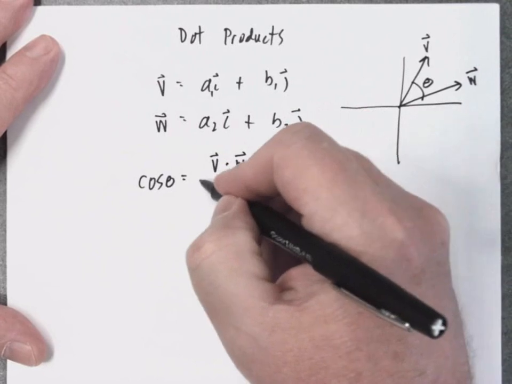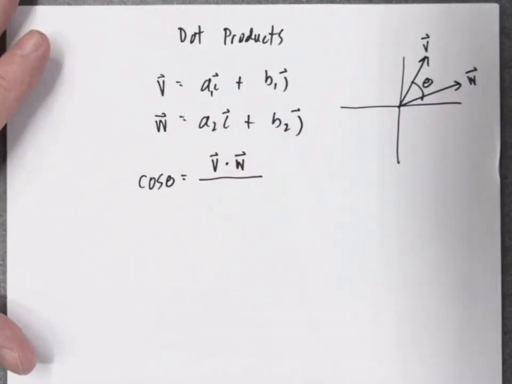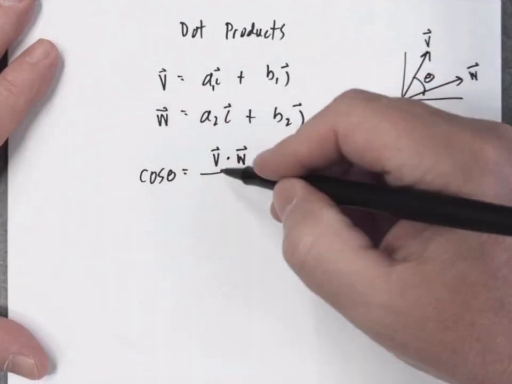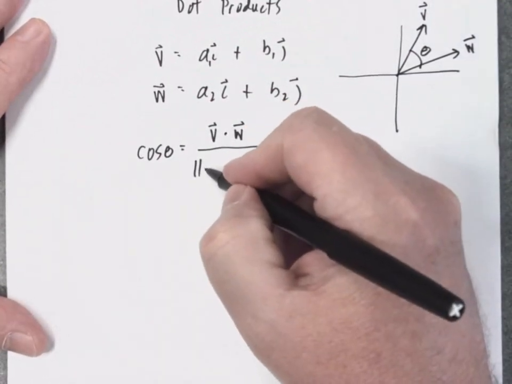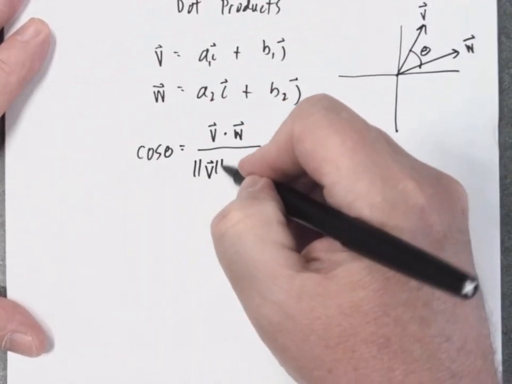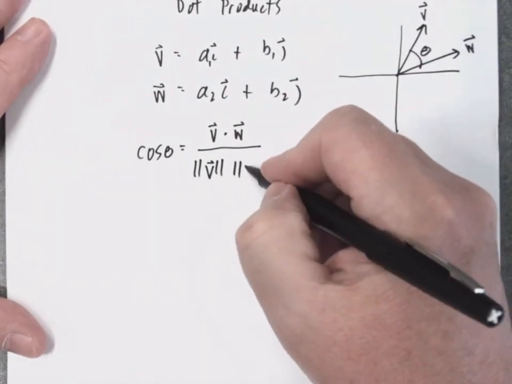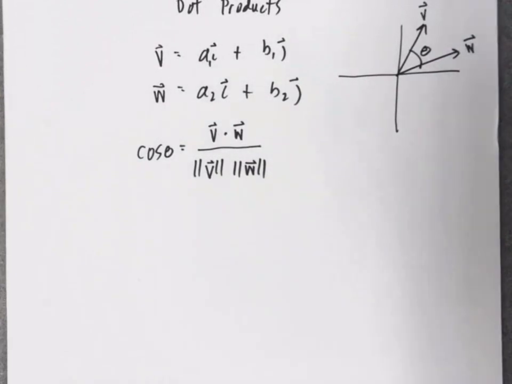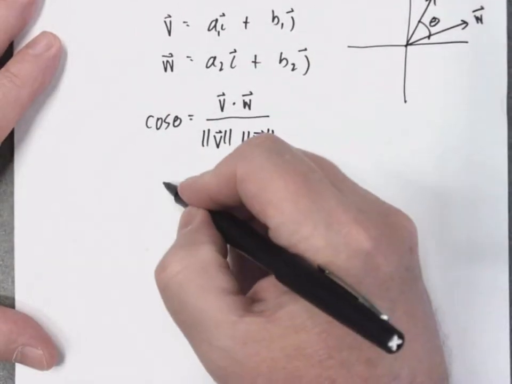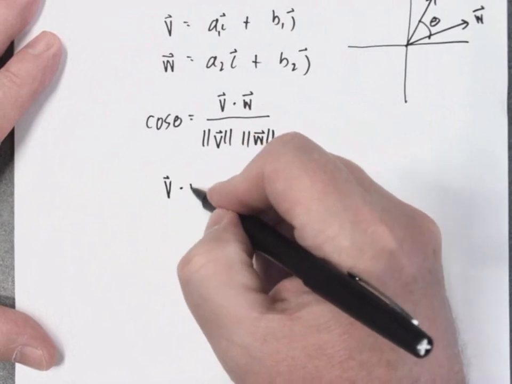So this numerator, even though it looks like multiplication, because these are two vectors, is called the dot product. And then in the bottom, we have the magnitudes of the two vectors multiplied by each other. So this gives us a way to find the angle between two vectors. This dot product we need to define.